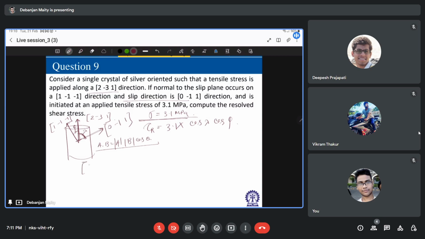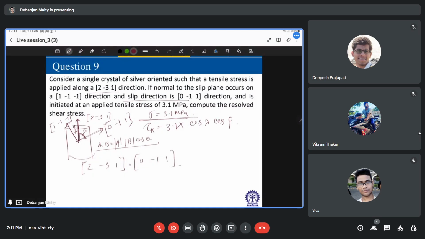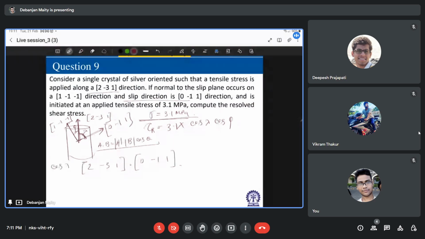So one vector is given as 2 minus 3 1. That dot 0 minus 1 1. So this will be your cos lambda value. Cos phi will be 2 minus 3 1, that dot 1 minus 1 minus 1. Are you familiar with this, right? I'm not telling anything new.